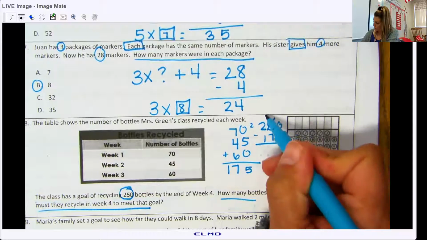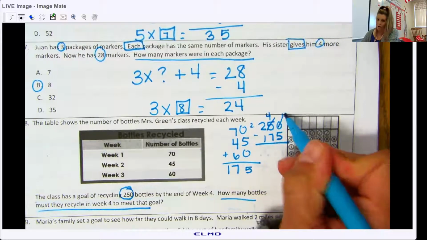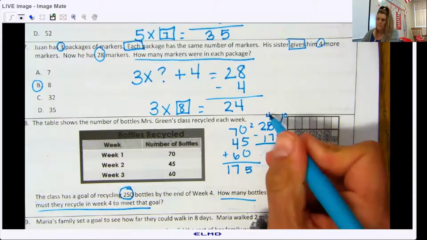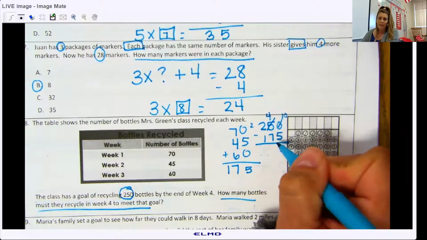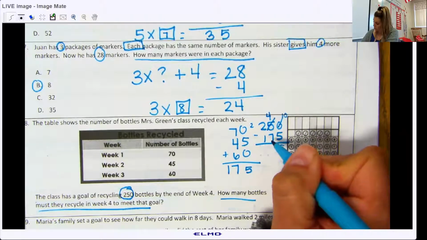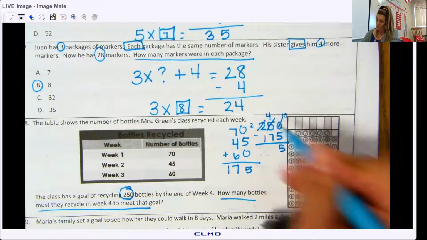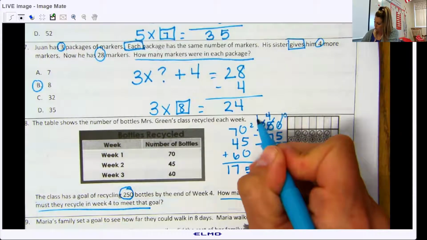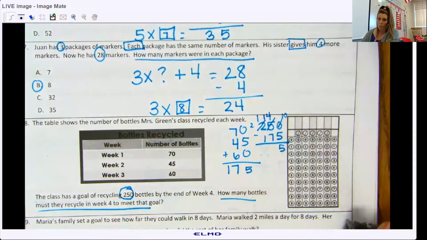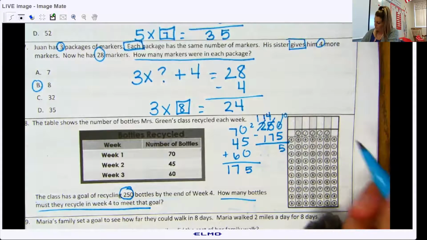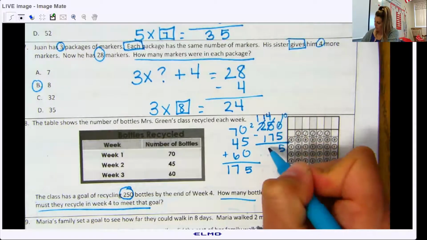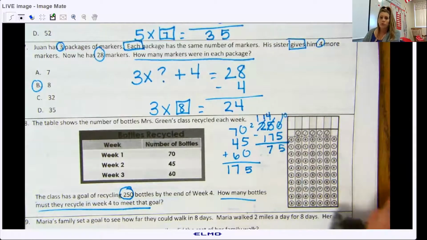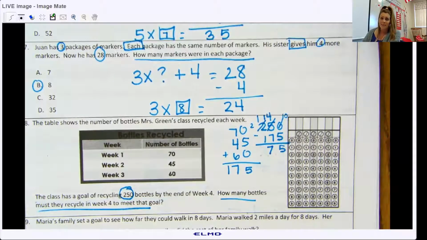We have to go next door and get 10 more. 10 minus 5 is 5. 4 minus 7, can we do that? No, there's more on the floor. So again, we have to go next door and get 10 more. The 2 turns into a 1. The 4 turns into a 14. 14 minus 7 is 7. And then 1 minus 1 is 0. So you should have gotten 75.